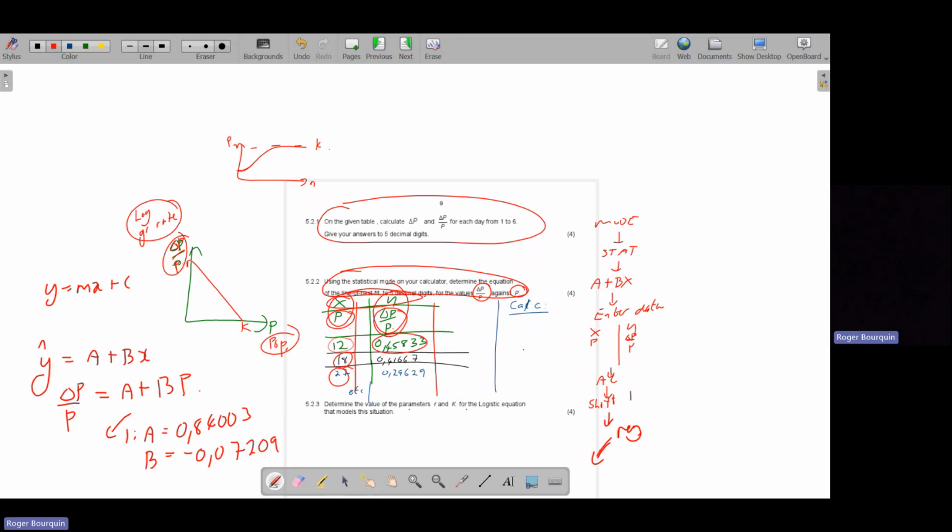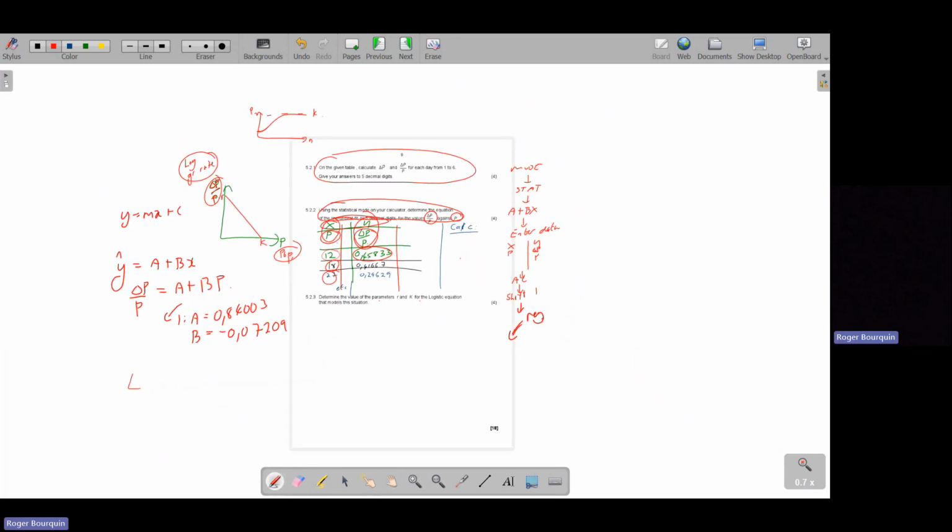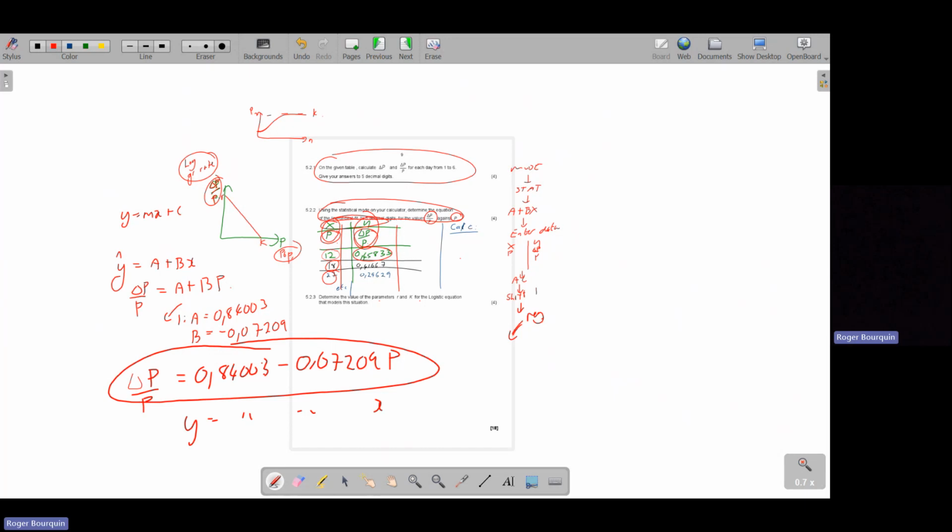So the equation of your line of best fit, you either leave in y and x form or in this form: delta P over P is equal to 0.84003 minus 0.07209P. If you wrote it as y is equal to that minus that x, that's also fine. That is your link between delta P over P and P.